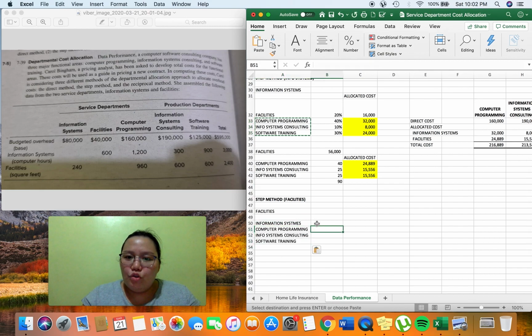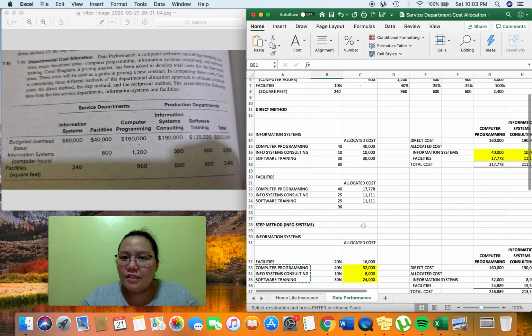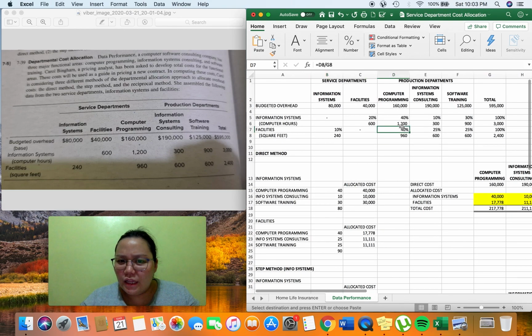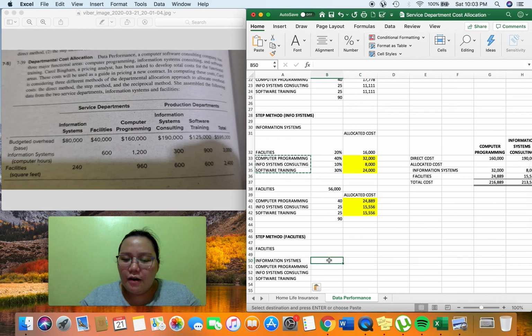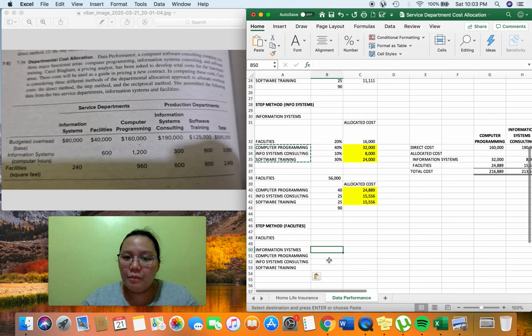Okay? So, again, anong mangyayari dyan? Since pareho naman din, hindi pala natin pwedeng gawin yan. Pero kasi, since all the departments, diba, the cost of the facilities department will be allocated to all departments.